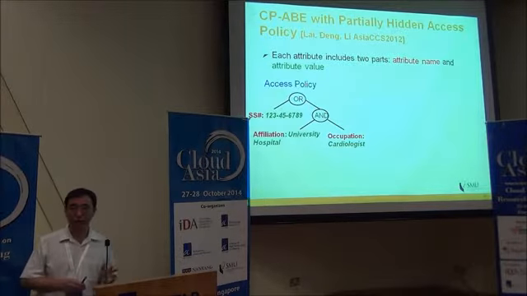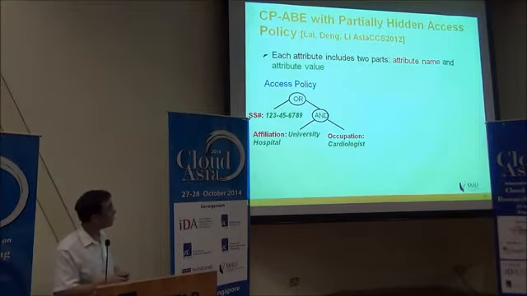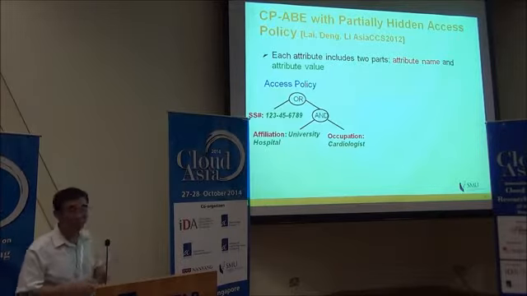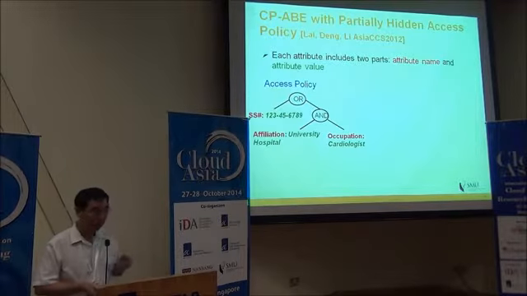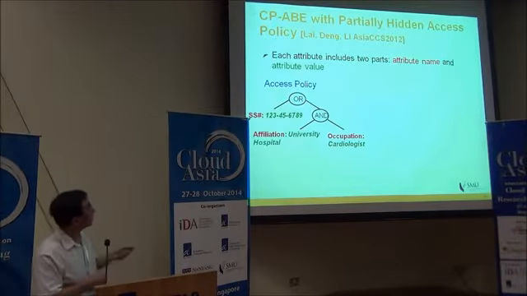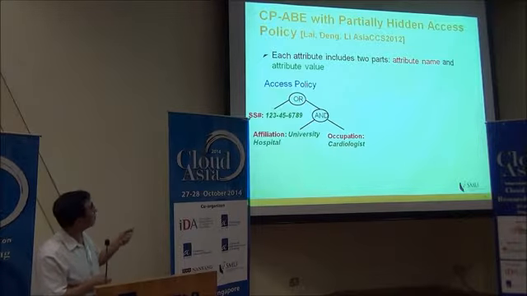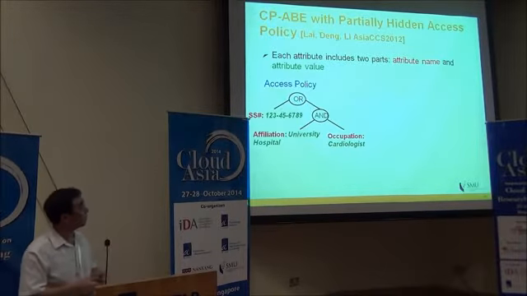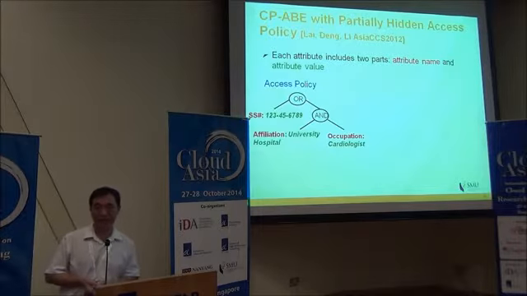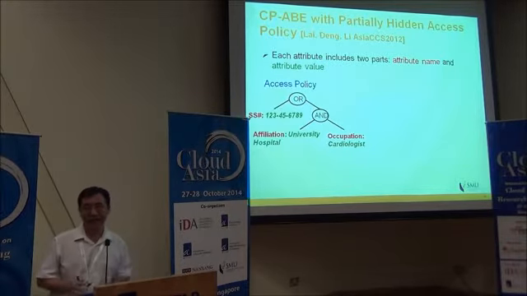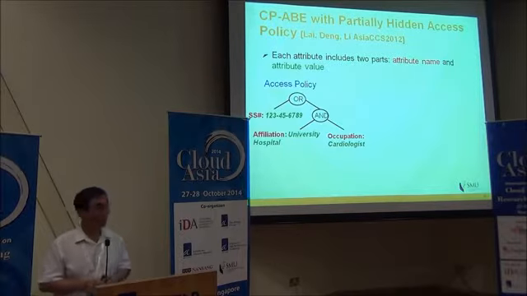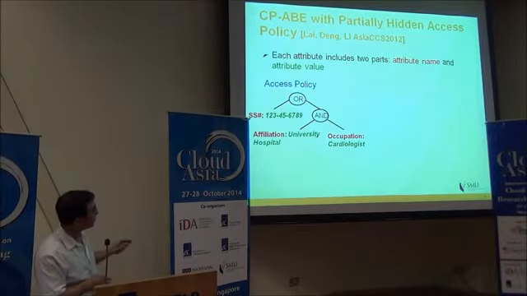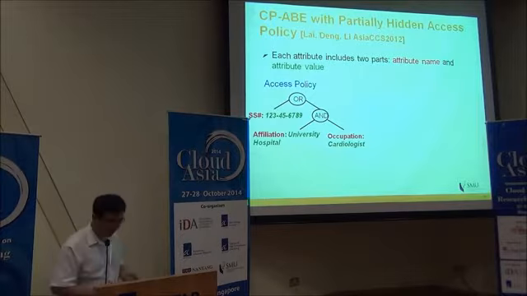So what we propose, this is a paper published 2 years ago, is that we use attribute-based encryption with partially hidden access policy. So instead of completely hiding your access policy, we partially hide the policy. This is the access policy.